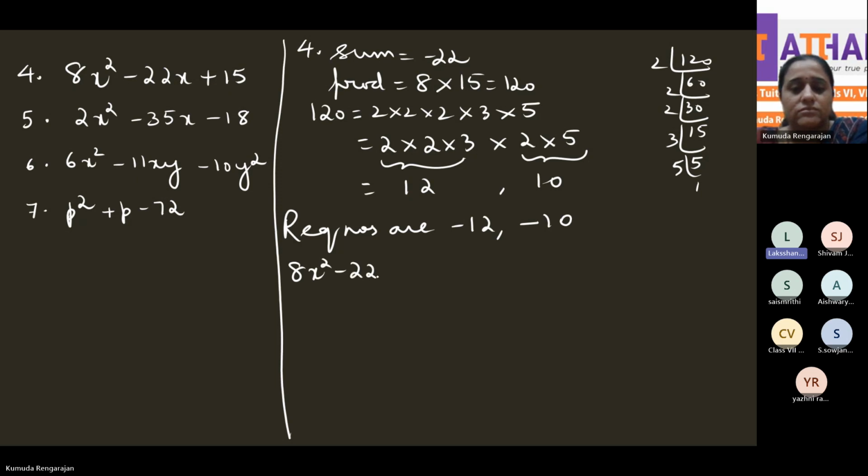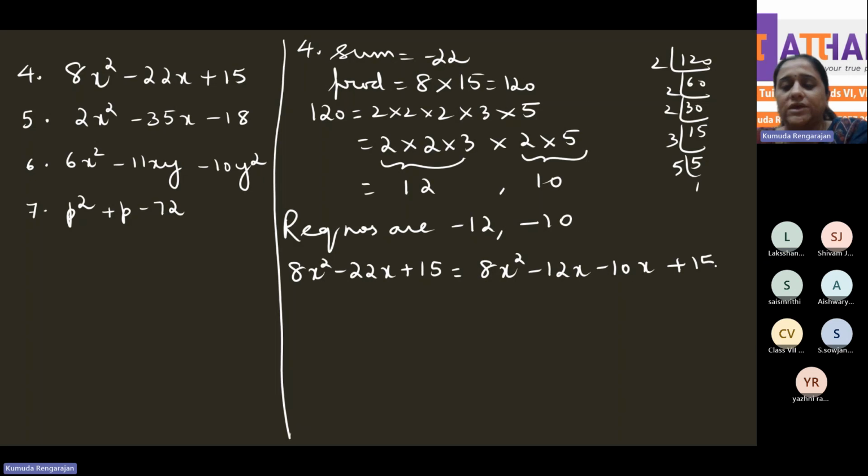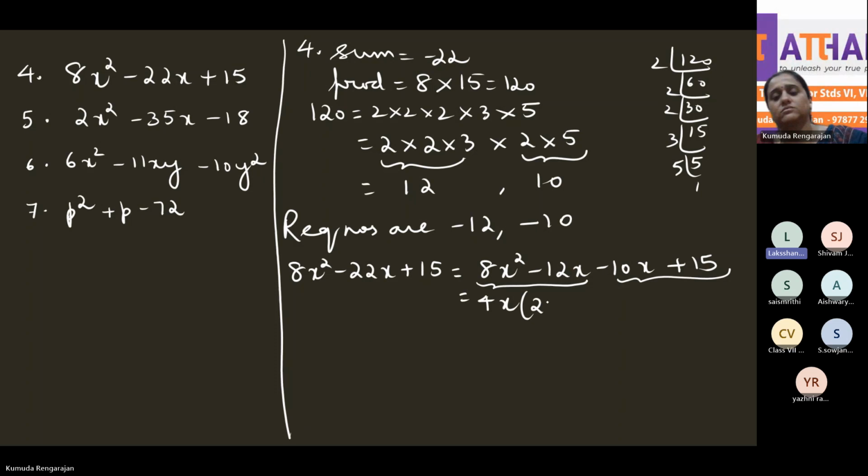Ma'am, so 8x squared minus 22x plus 15 is equal to 8x squared minus 12x minus 10x plus 15. So 4x into 2x minus 3, minus 5 into 2x minus 3.